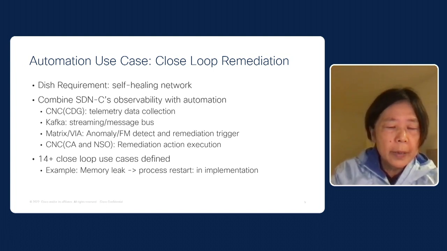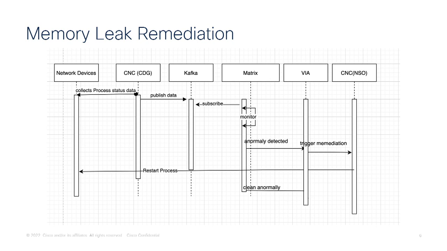So here is a little more detail on this sample memory leak, how we do it, at a very high level. It's a sequence diagram to show the whole process. One party is the network devices, and the CDG has already created collection jobs that continuously collect process status data and publish it through Kafka, and Matrix subscribes to this data through a special topic and continues monitoring it.